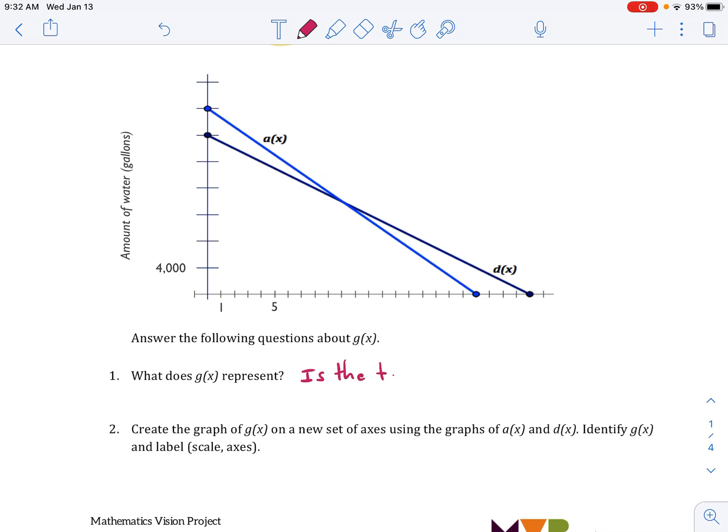Is the total amount of water in both pools over time.